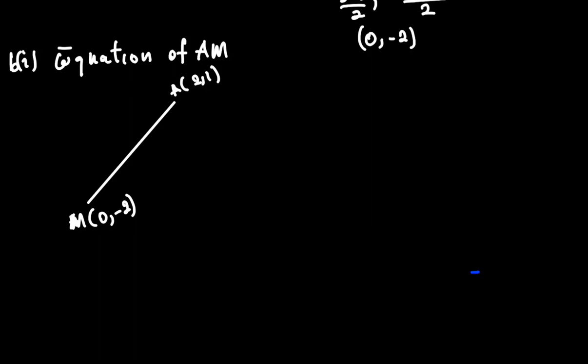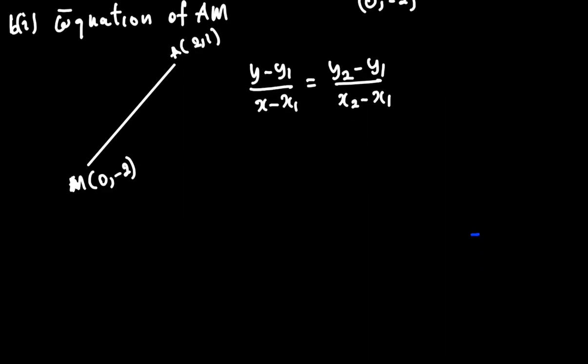Okay, so for us to find the equation of a line given 2 points, recall we have (y - y1)/(x - x1) = (y2 - y1)/(x2 - x1). So we have a format already to help us get this sorted out.